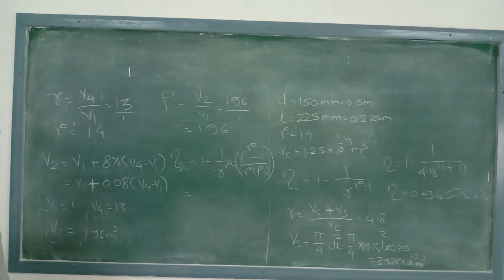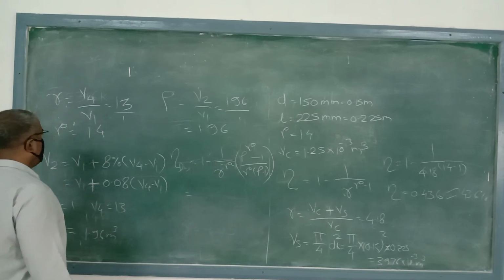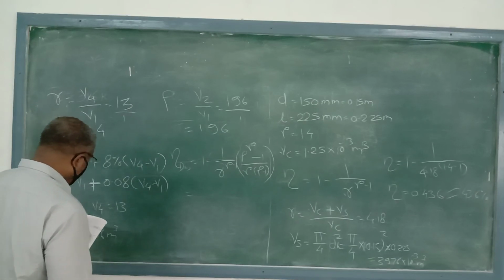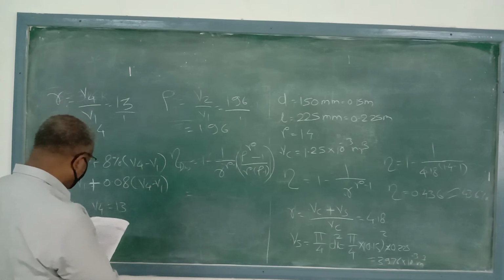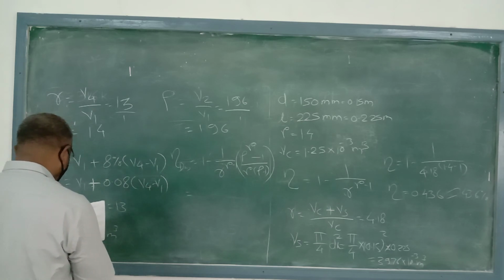So in this problem they have given the value of gamma. The value of R they have not mentioned in this problem, so the value of R we have to calculate again.